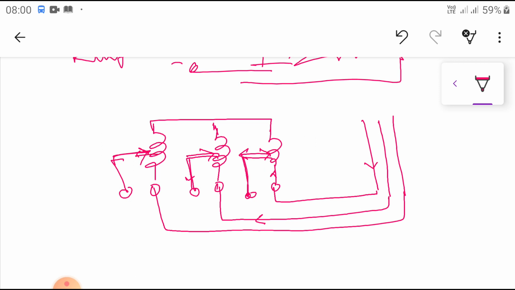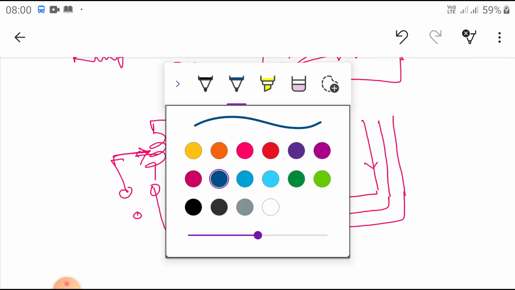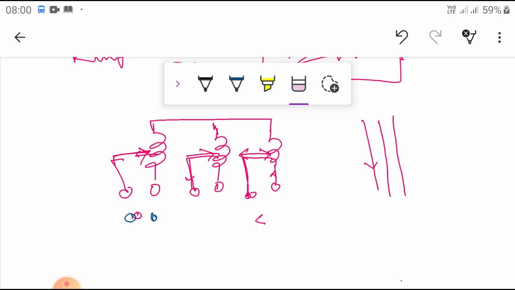Now I connect to another, take another color. Now you can take these terminals.